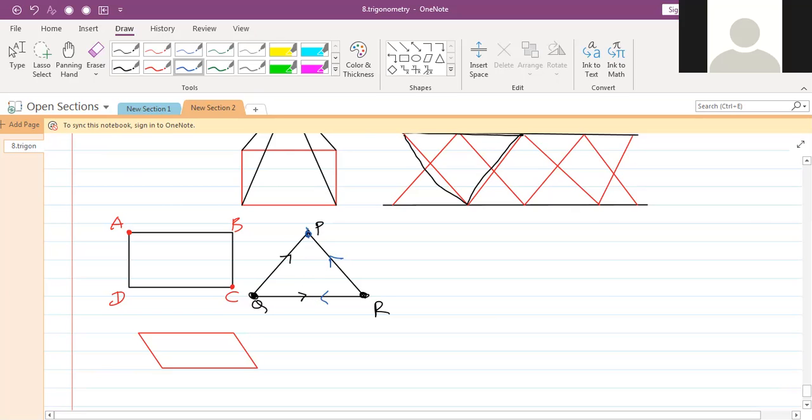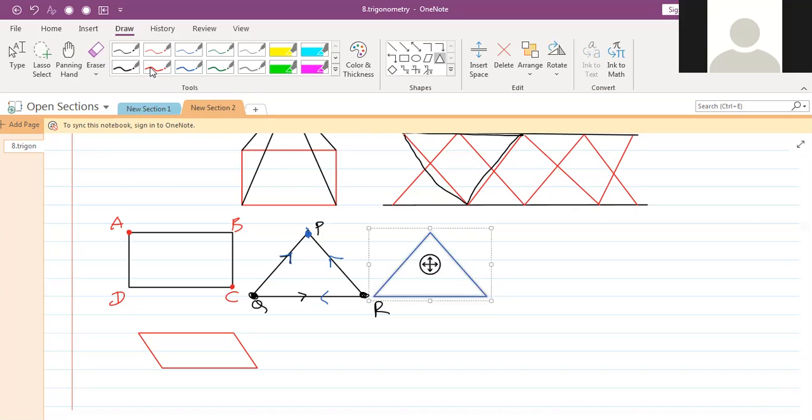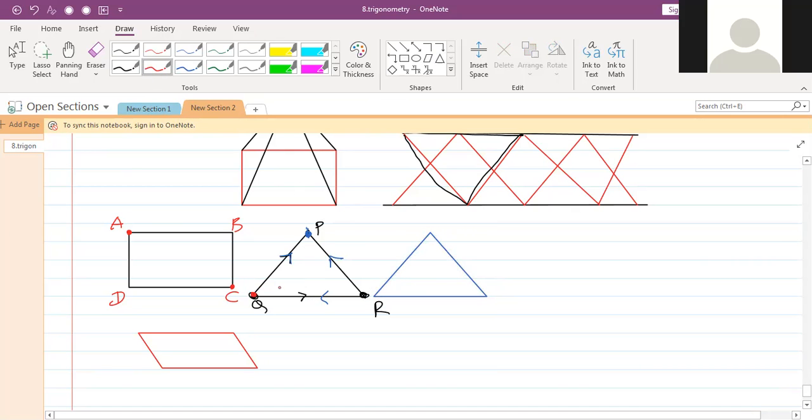The same pressure applied at point P from Q and R, and therefore the shape of the triangle remains as it is. In a triangle, every vertex is joined with two other vertices, and that is the reason the triangle is the strongest.